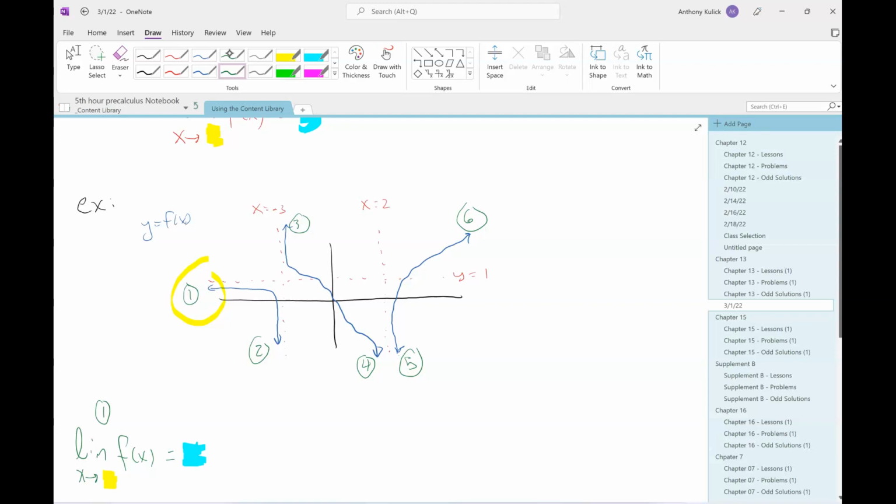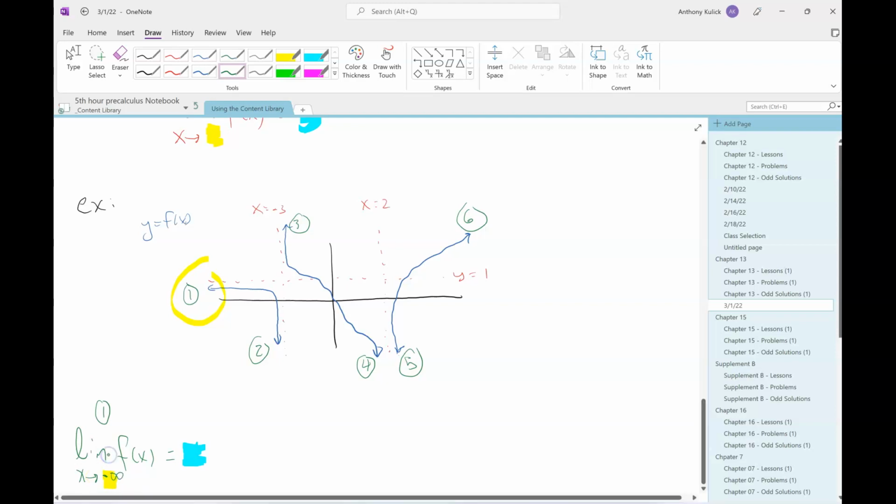Negative infinity, right? Because it can keep going left forever. Everybody's okay with that? So we'll write a negative infinity down there in the subscript.